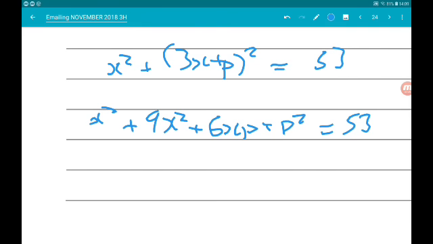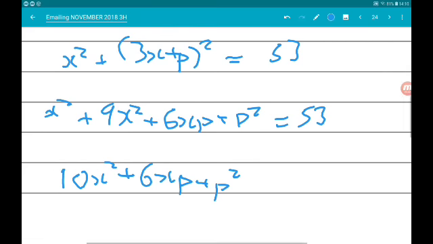So we've got 10x squared add 6xp add p squared, and then we're going to subtract the 53 and we get is equal to 0, as we wanted.